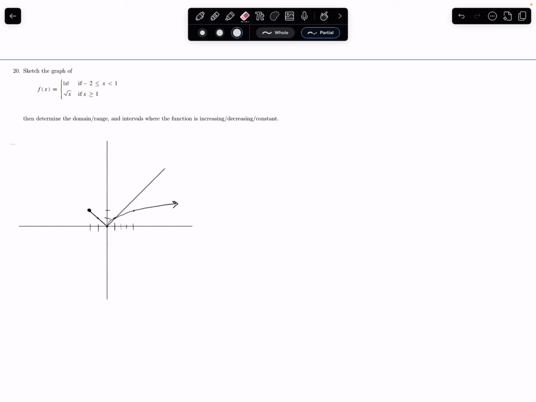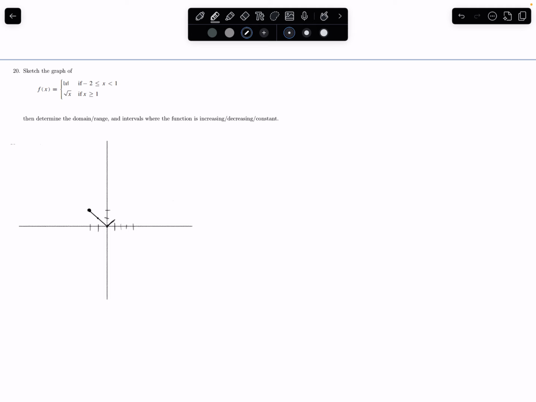Okay, so that's the left side. And then that graph should continue all the way up until it hits 1. So at 1 it should stop. I'm going to erase the other part, the square root part as well, and we'll just redraw it.